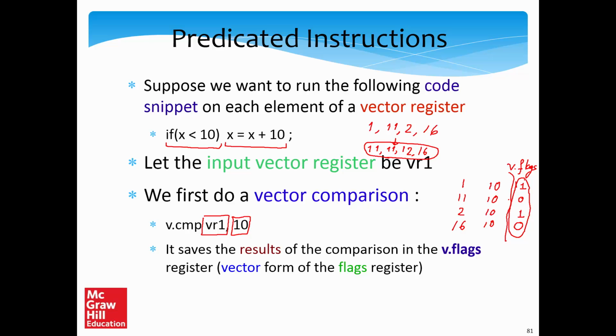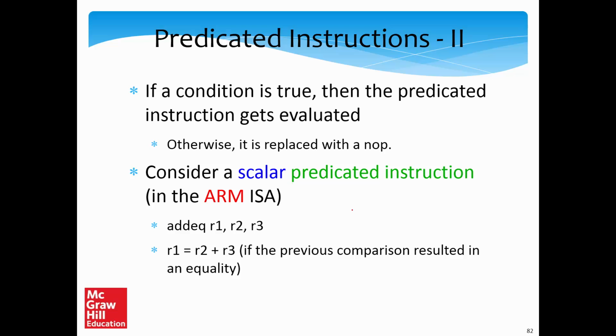Here I'm assuming that the flags register is just containing a set of Boolean variables of whether the comparison was successful or not. But in general, if you are comparing VR1 and 10, it is actually better to have two fields in the flags register, E and GT.